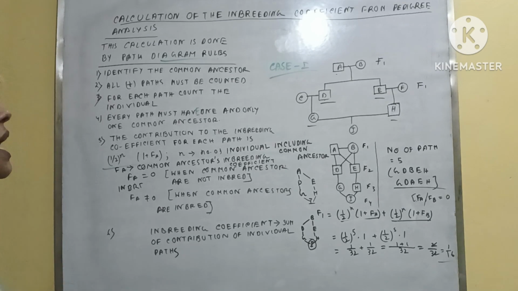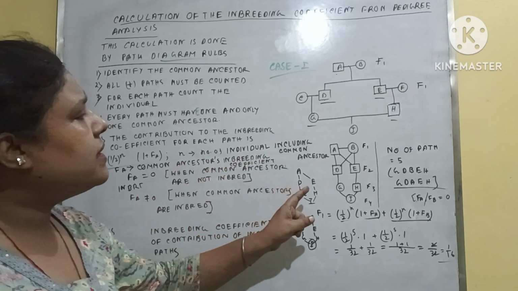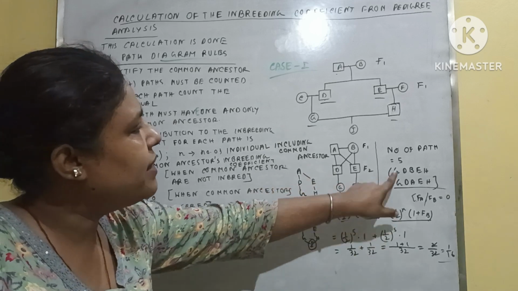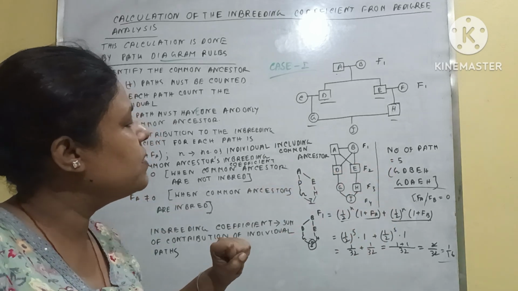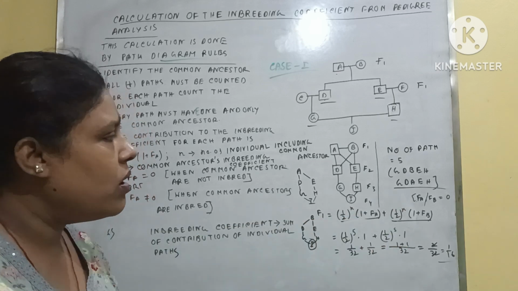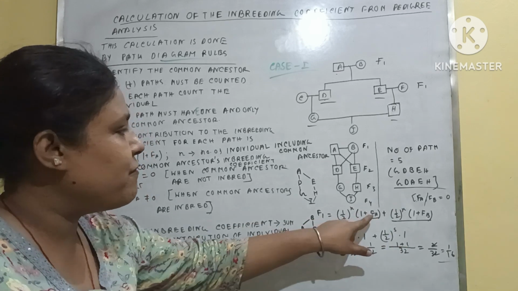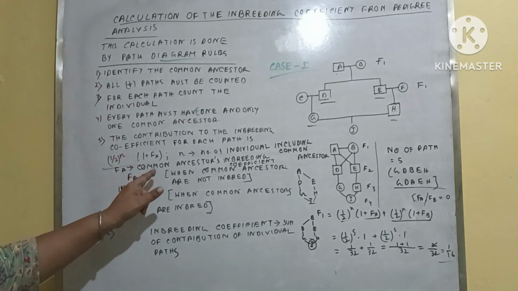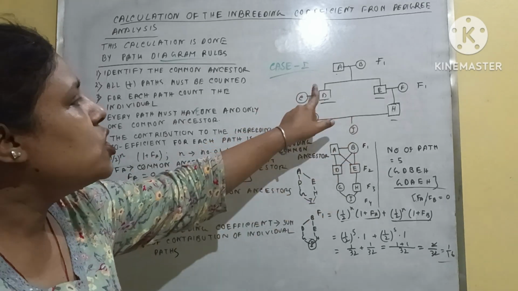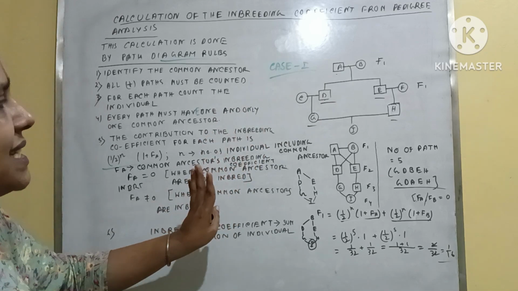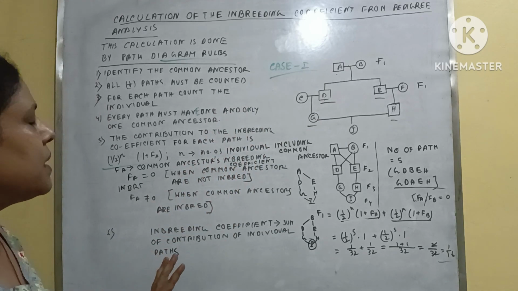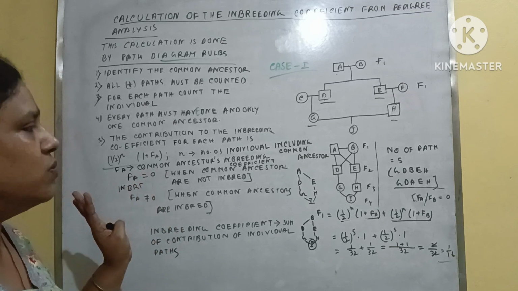Here the number of individuals in the first case is 5, N is 5, and in the second case N is also 5. Now 1 plus FA. FA means the common ancestor's inbreeding coefficient. You can see here no inbreeding process is seen, so FA is 0.